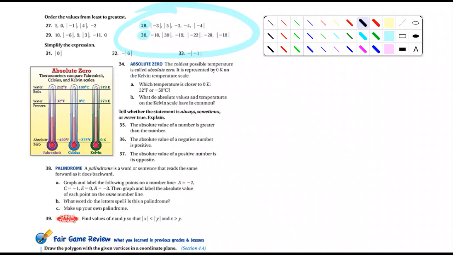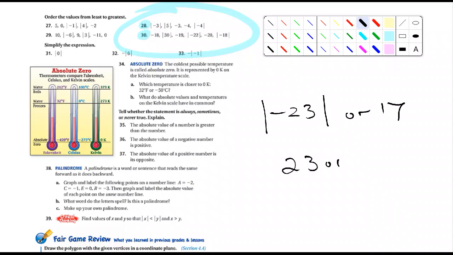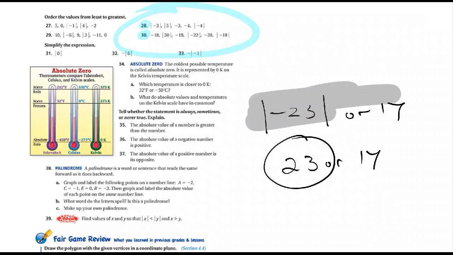If I ask you which is larger, or which is the greatest number, what would it be? 23. Yeah, because what's the absolute value of negative 23? 23. So which is larger? Obviously 23. So keep that in mind when you do 28 and 30.